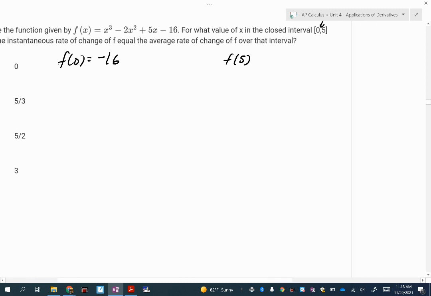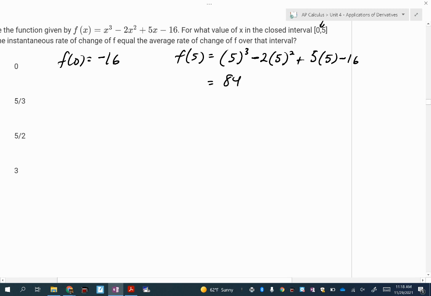Plugging in 0 is pretty easy. You get negative 16. But when I plug in 5, I might need to use a calculator here. I'm going to for sure. Again, using Desmos or your phone for this one, we've got 125 minus, let's see, 5 squared is 25, so that's 50, and then plus 25 minus 16, so I get 84.